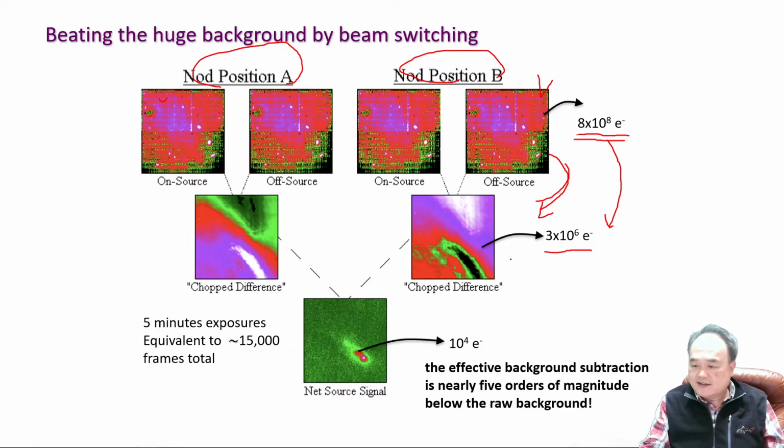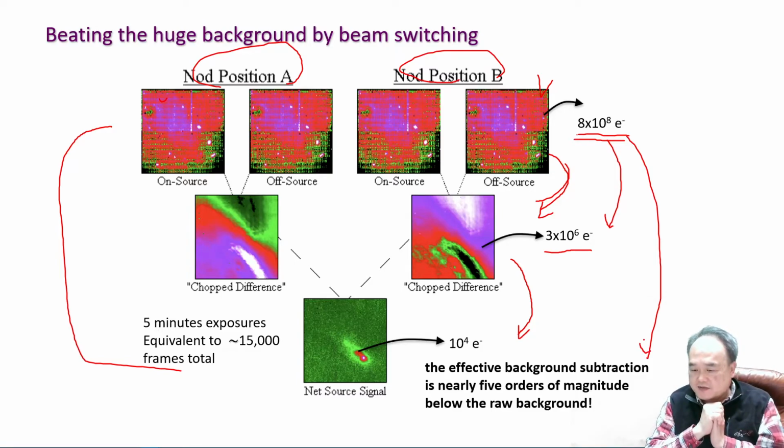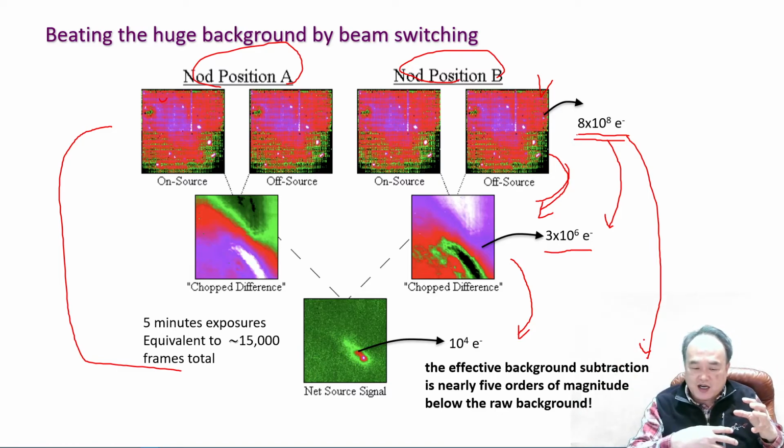Then doing the second, double differencing, we eliminate another few hundred times of the background level. So overall, this double differencing technique decreases the background by almost 100,000 times. In this way we do the so-called chop and nod operation of the telescope.